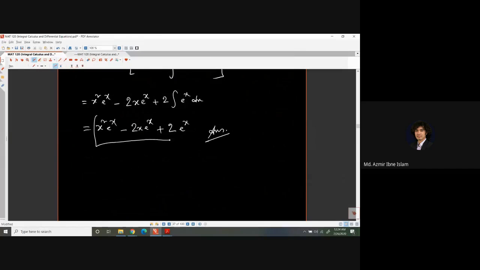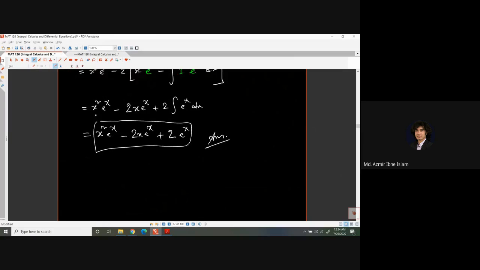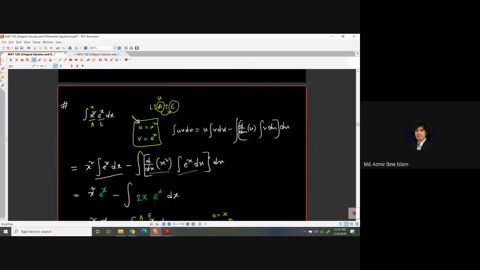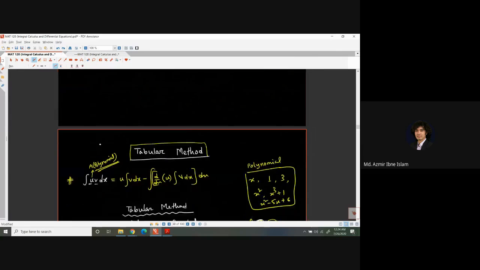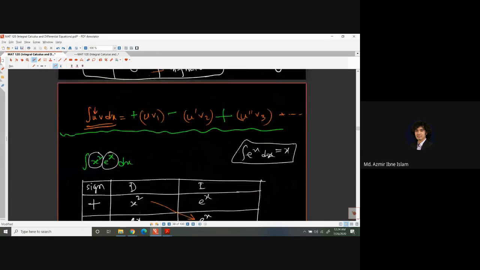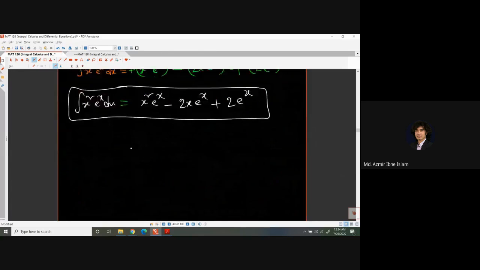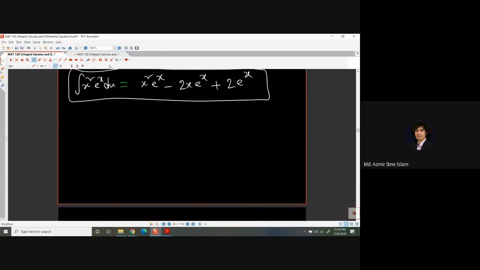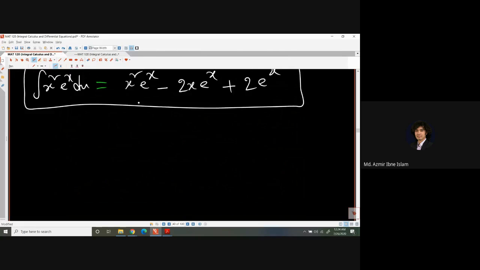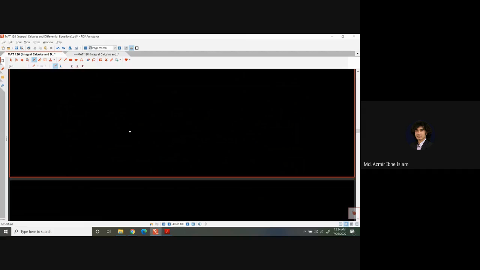We have found the same result here, where we applied the integration by parts technique, but the same result has been found by using the tabular method. So I hope you have understood what the tabular method is and how we can deal with the tabular technique in integration by parts. Okay, so I will show another example so that you can easily figure it out.